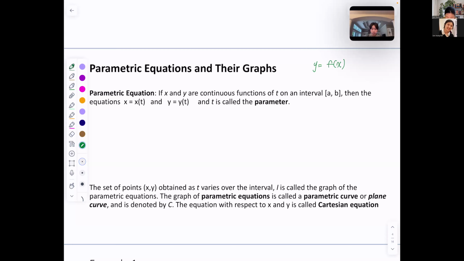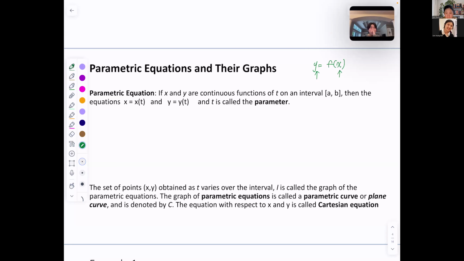In this function, if you have an input x, you will get output y, right? So you have just two variables, x and y, input and output. But here in parametric equation, you have three variables, x, y, and t.